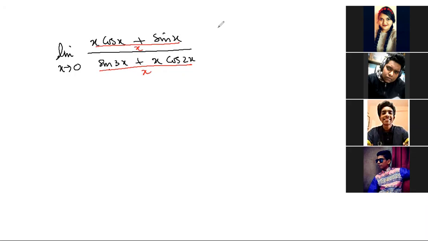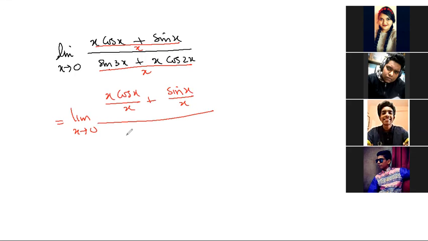If you do that, the problem becomes x cos x upon x plus sin x upon x, divided by sin 3x upon x plus x cos 2x upon x. So this will get cancelled. Now we can apply the limit and write your answer.